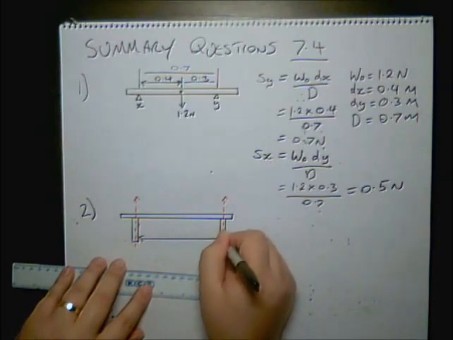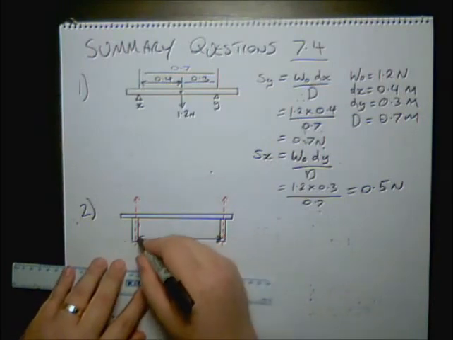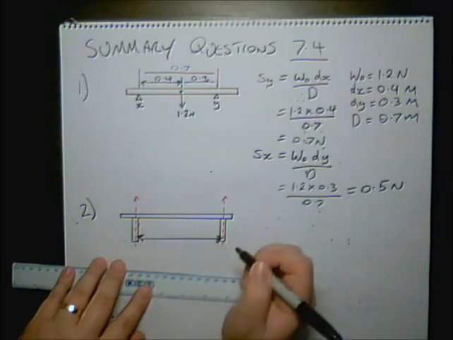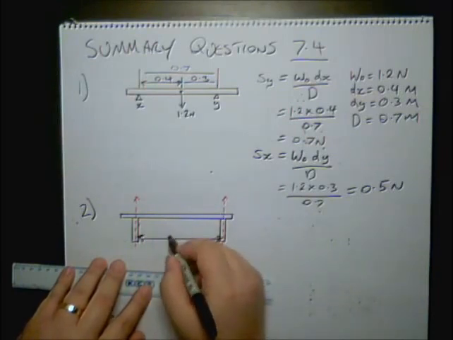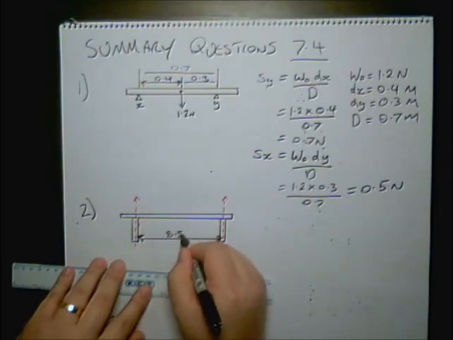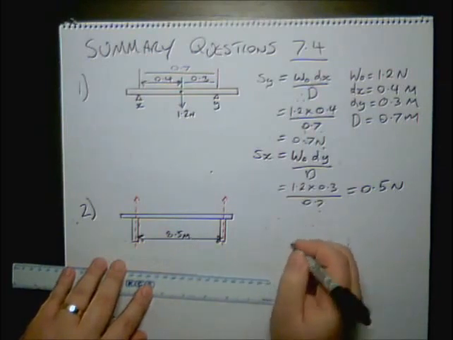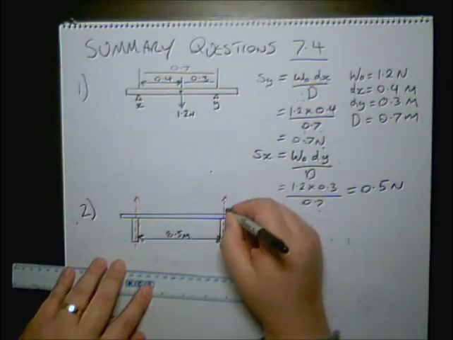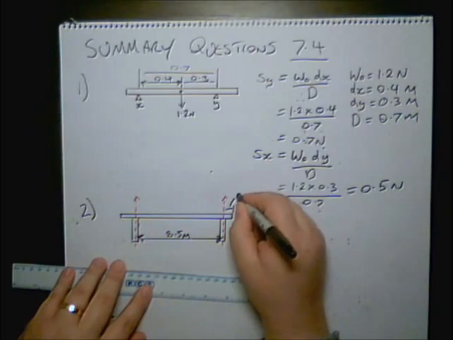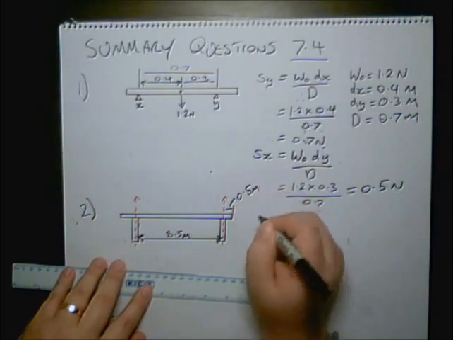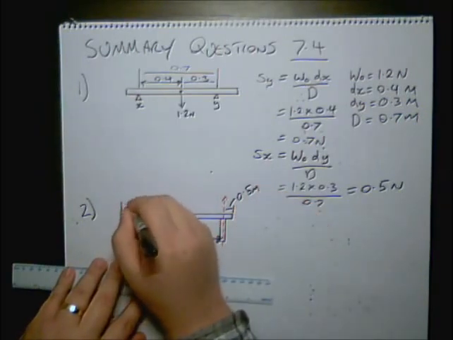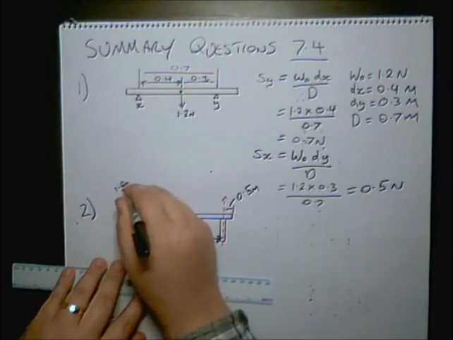Probably haven't drawn that brilliantly there, so that should be to the centre point. That distance is 8.5 metres, and then we have a bit of beam here, which is 0.5 metres, and a bit of beam here, which is 1 metre.